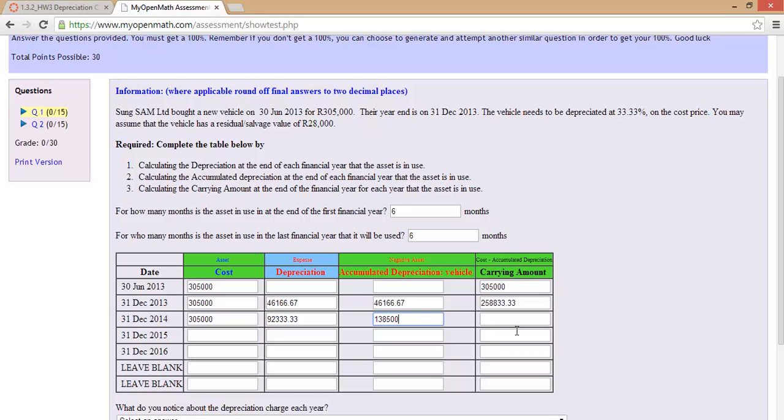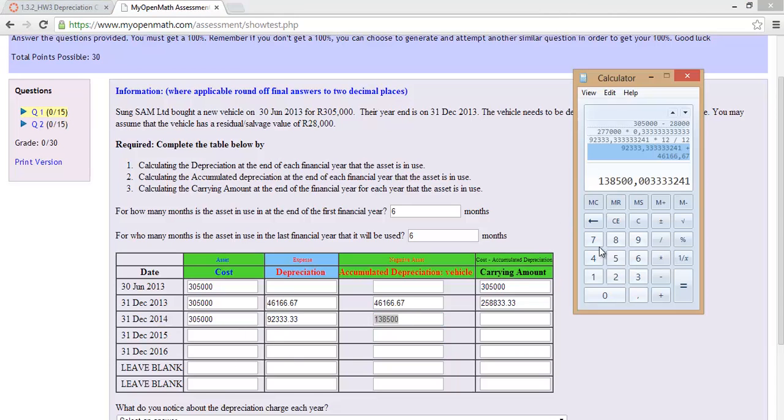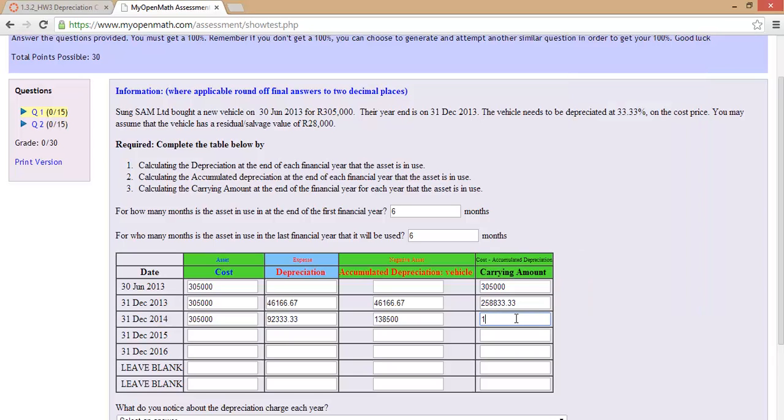My carrying amount is the cost minus the accumulated depreciation, so that is 305 minus 138,500, and that gives me 166,500. Perfect.